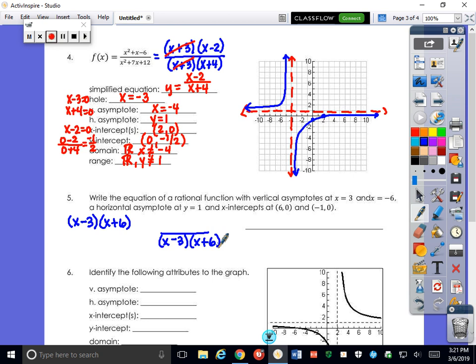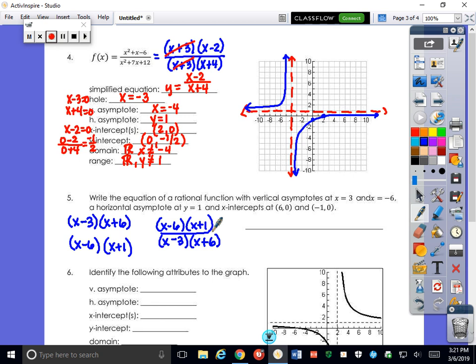Could be 1 over 1, 2 over 2, 3 over 3, whatever. So we'll check that at the end. The x-intercepts are my numerators. If the x-intercept is a 6, then it was a -6. And if it's a -1, then it was a +1. So we ended up having x minus 6 and x plus 1 on the top.